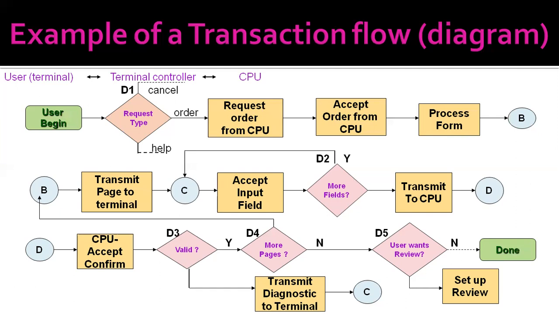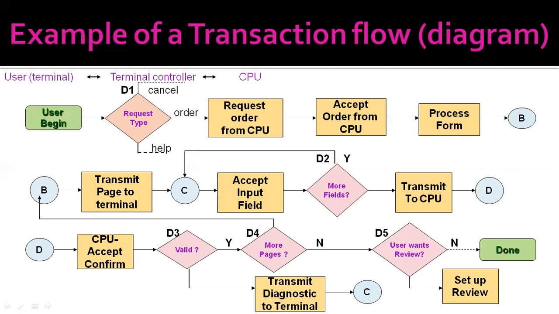And whenever the form gets back to the dumb terminal, the user can fill in the data according to the form. So here, one more decision, that is D2, if you can see here, the user is asking about any additional fields to be filled in.